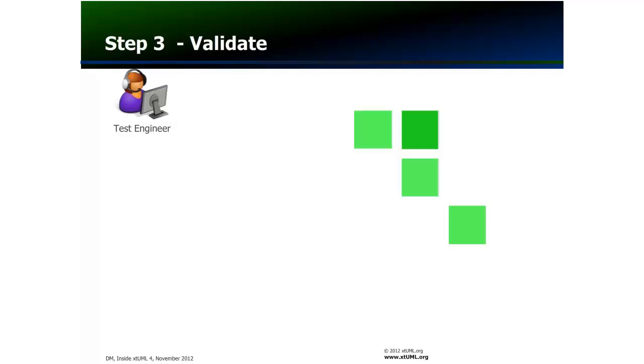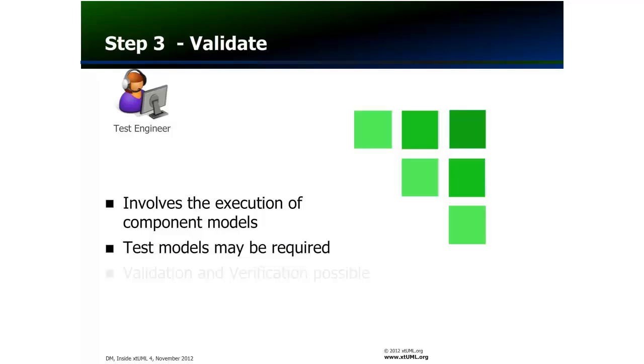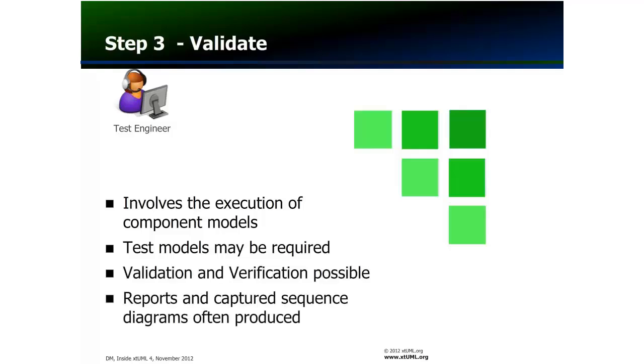In Step 3, we exploit this characteristic to validate the current interpretation of the requirements provided by analysis, and remove many of the bugs that might have crept in during design. In this step, it may be necessary to create specialized test components, and xtUML is sufficient to model these components as well.